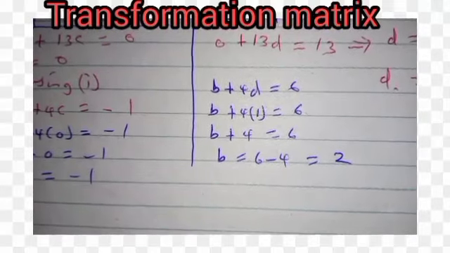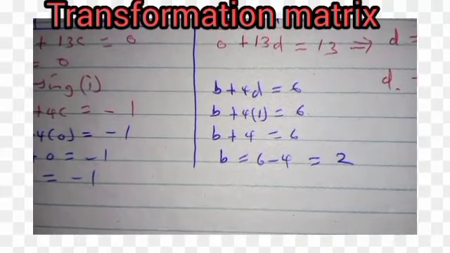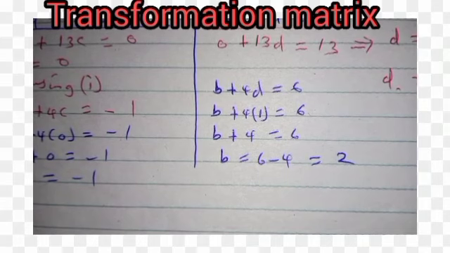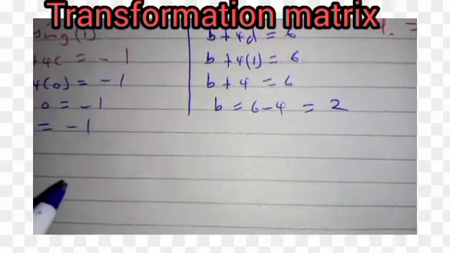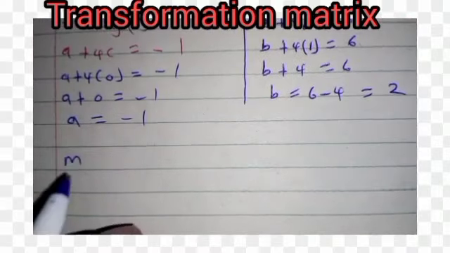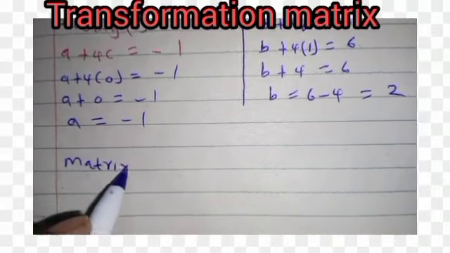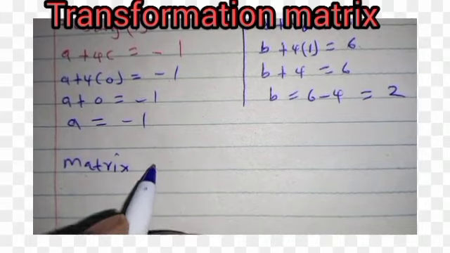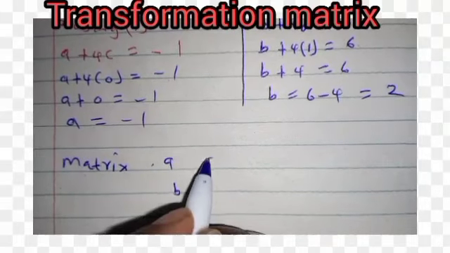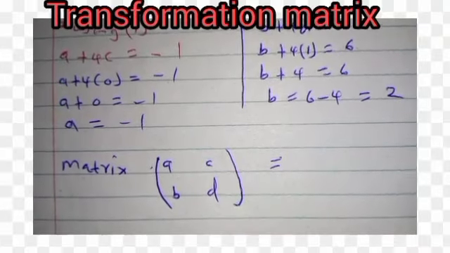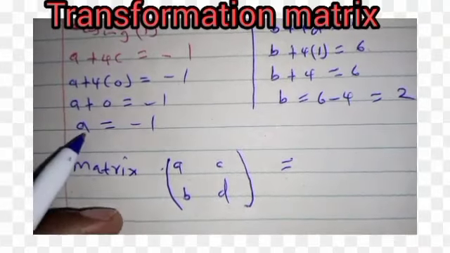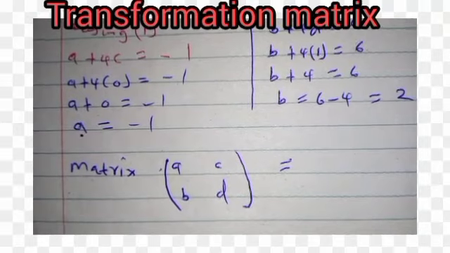Now, since we have obtained the values of A, B, C, D, we are going to substitute. So we let our matrix A, B, C, D be equal to, we obtain our A to be, our A was -1, so we are going to write -1 here.